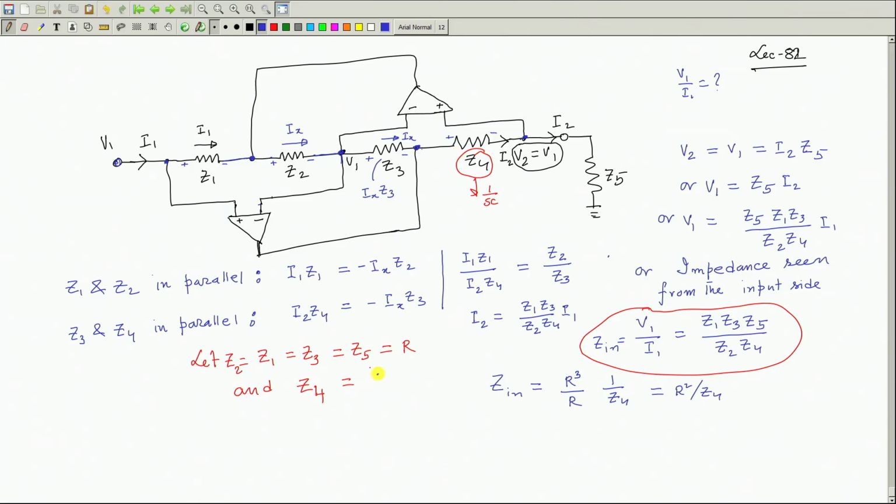Now, if Z4 is capacitive, suppose 1 by SC, or say inductive, or say capacitive Z4 equal to 1 by SC, then I will say Z in equal to R square by Z4, which will be equal to R square C into S.